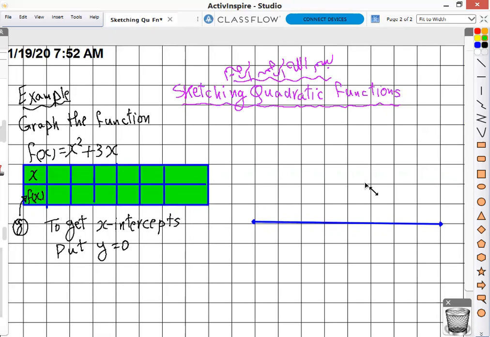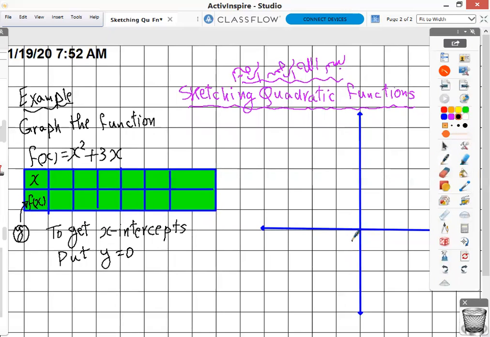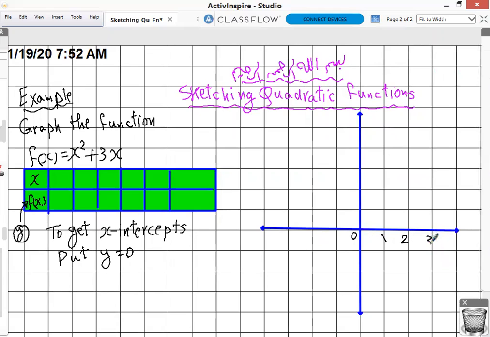Here is your x-axis, and here is our y-axis, okay? And if you put your values, it is 0, 1, 2, 3, 4, no problem. Here is x-axis, and there is y-axis, and we know that y means f of x.